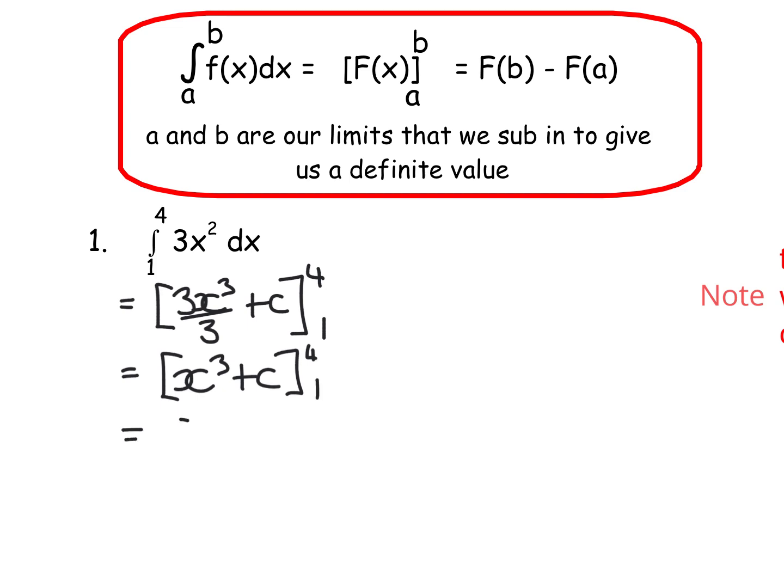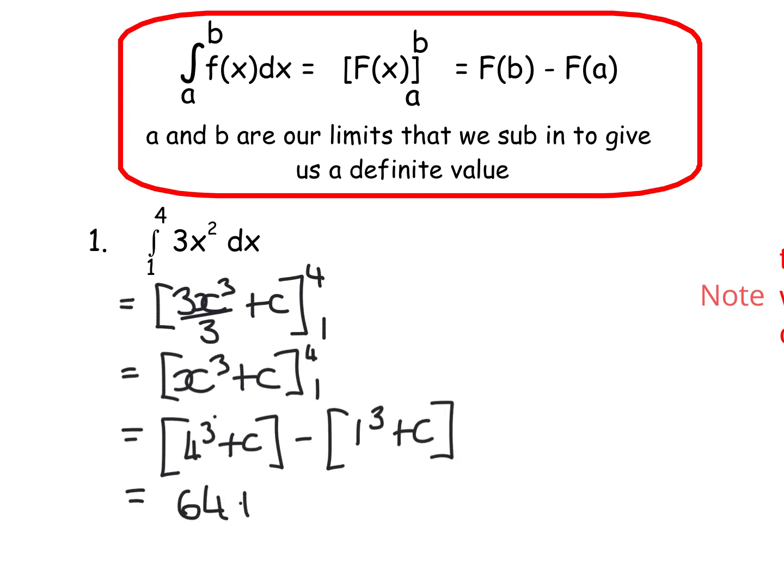So you substitute in your first value, which gives you 4 cubed plus c, take away, substitute in your second value, which is 1 cubed plus c, and then we have 64 plus c, and then take away 1, and then we've got a take away c.